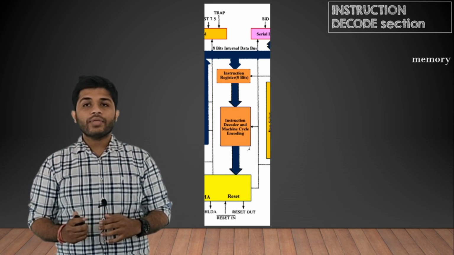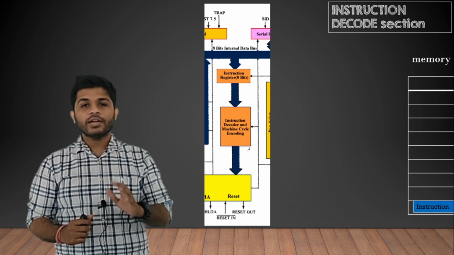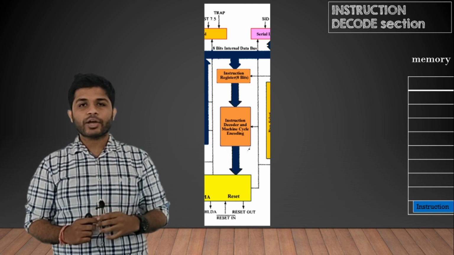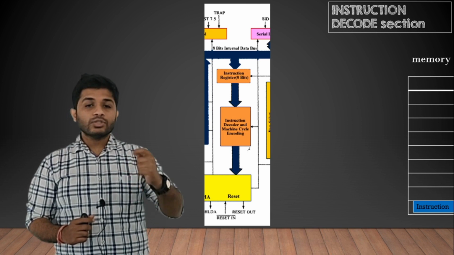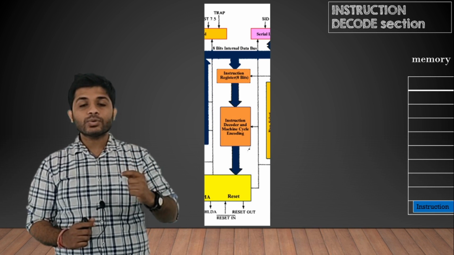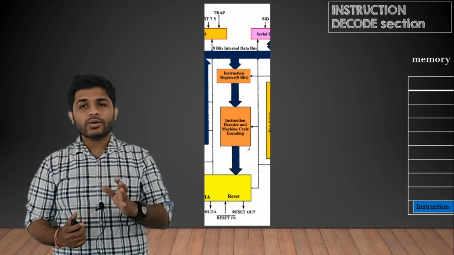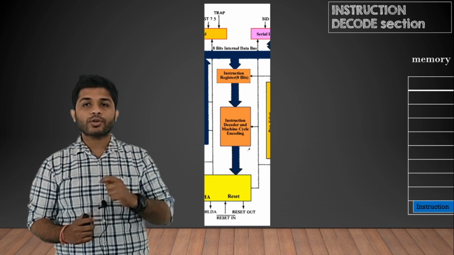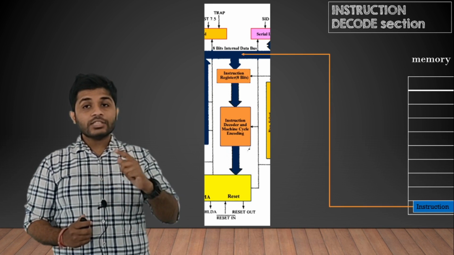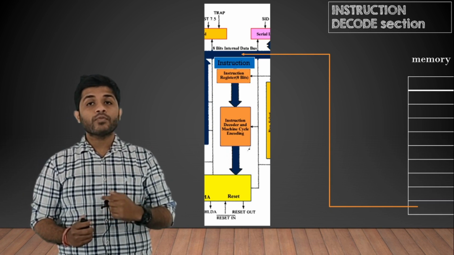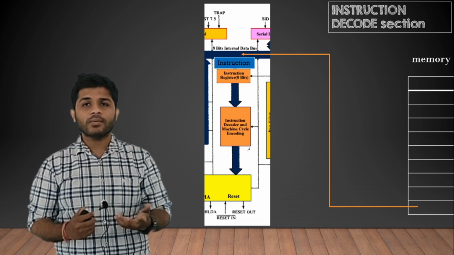There is a memory, and in the memory one instruction is stored. Now you know the basic function of the microprocessor, right? When you start the microprocessor, it will fetch, decode and execute each and every instruction one by one. Right now there is only one instruction in the memory, so the processor will fetch that instruction, and when it fetches it, the instruction will move from the memory to the instruction register. So the fetch process is completed.